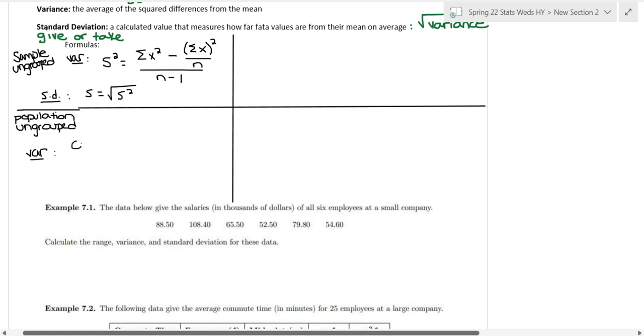So it's like a circle or like an O, but with a line going to the right. So sigma squared equals, and it's basically the same except for the denominator. So you have sigma, or the sum of x squared, minus, then you have the sum of x in parentheses, squared, and then this is going to be over capital N for your population. And then the whole thing, instead of being over n minus 1, is just over n.